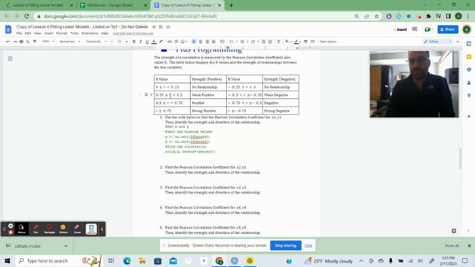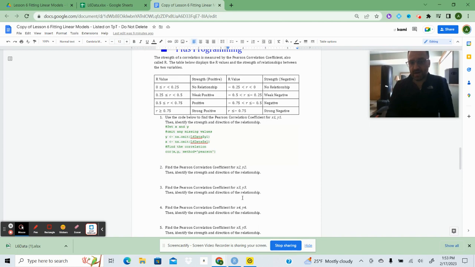If it's between 0.25 and 0.5, it's a weak positive. Between negative 0.25 and negative 0.5, it's weak negative. Between 0.5 and 0.75, it's positive. Between negative 0.5 and negative 0.75, it's negative. And then above 0.75, but less than 1. At 1, it would be a perfect correlation, basically a deterministic function where y is exactly x. And if it's less than negative 0.75, it's a strong negative.